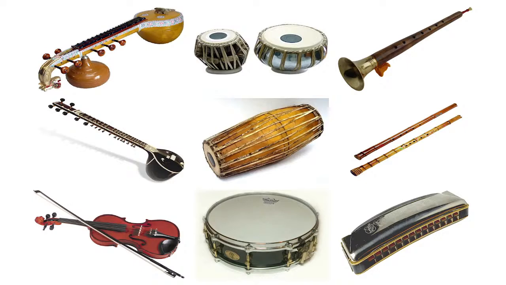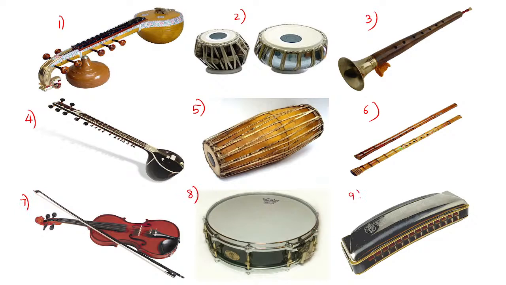In this picture you can see so many musical instruments. Can you name the part which produces sound in these musical instruments? I will just number them so that you can answer very comfortably in the chat box. These are different musical instruments and you are going to tell me how they produce sound.